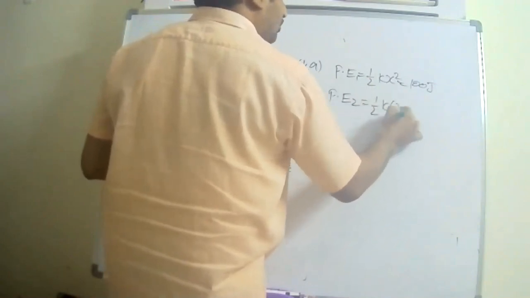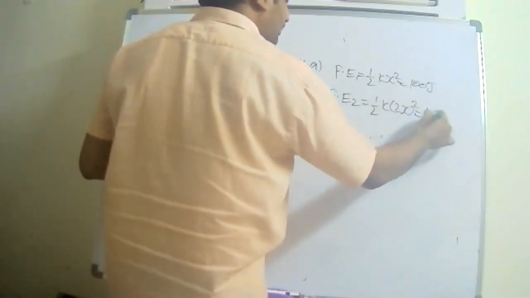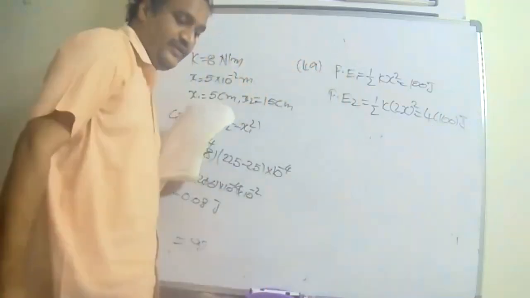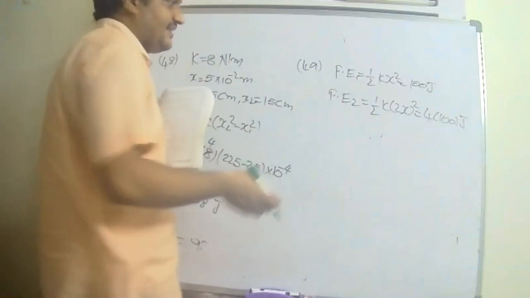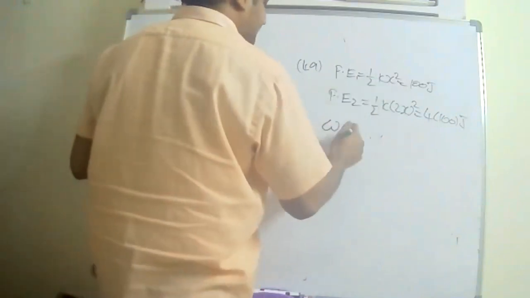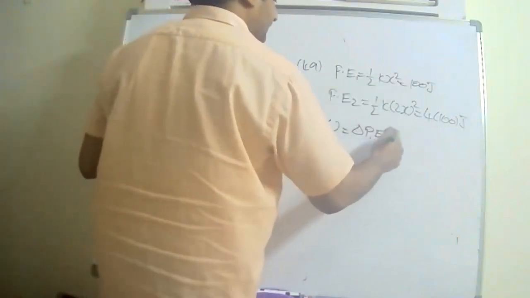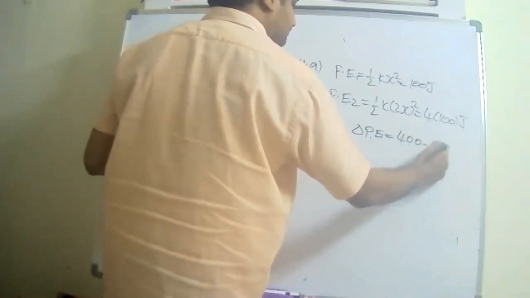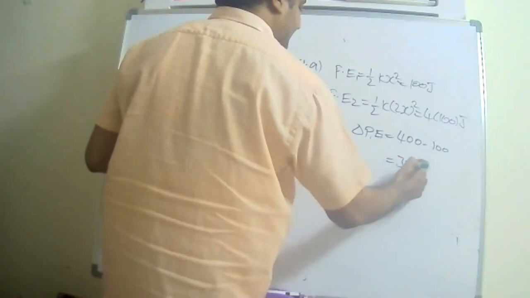Half k 2x square, that is 4 times of 100 joules, 400. Work done is equal to delta P, that is 400 minus 100, so that is equal to 300 joules.